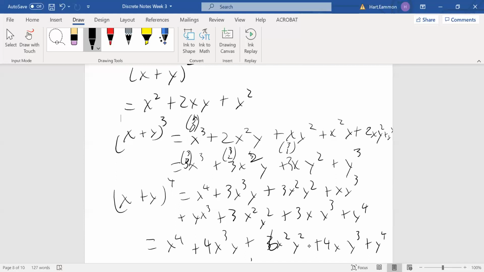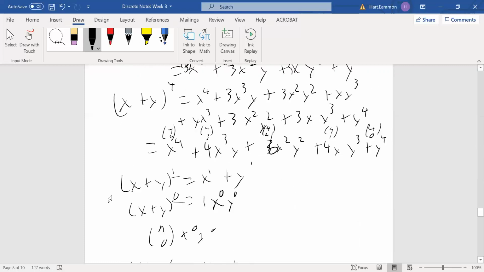What this comes down to is, am I looking at how many x's I'm picking, or how many y's I'm picking? So it ends up being symmetric, hence my confusion there. Sorry about that. So those are the coefficients. And if we look here, we get 4 choose 4, 4 choose 3, 4 choose 2, 4 choose 1, and 4 choose 0.